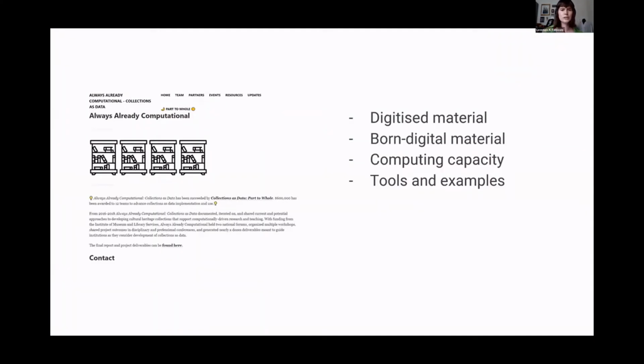There's a number of reasons why this digital shift happened, why there was more of a seeing this material as its own entity and not just as an additional thing that had to be done. First off, it was because a lot more material was being digitized.